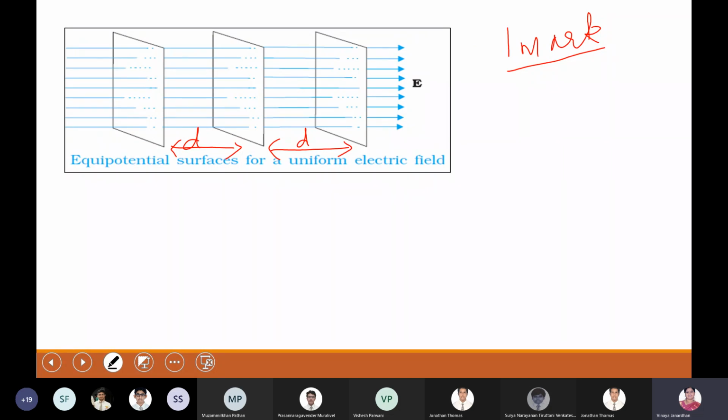You can see all the surfaces are parallel to each other and equidistant here. So that represents your equipotential surfaces for the uniform electric field. Draw this, boys. So 2 diagrams I'm making you draw right now. The next 2 diagrams you can take as homework.